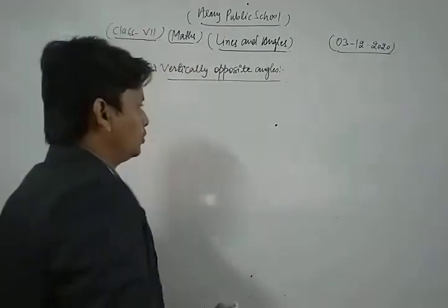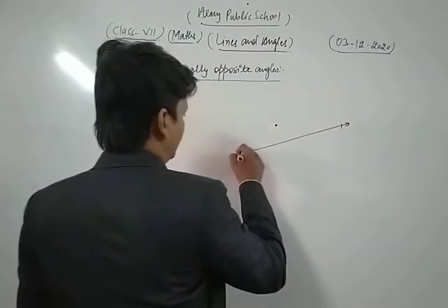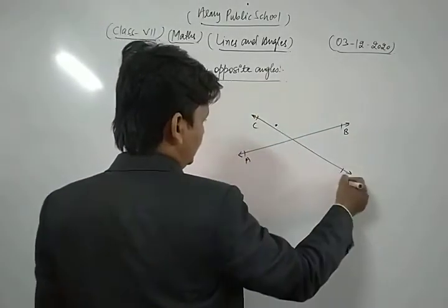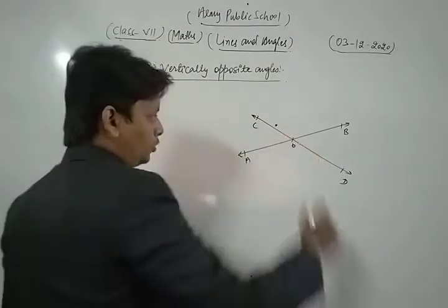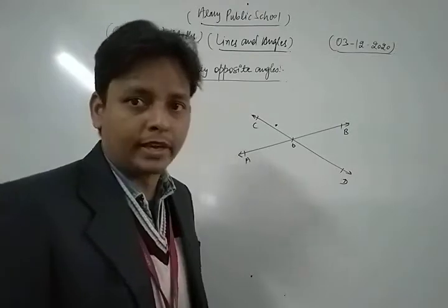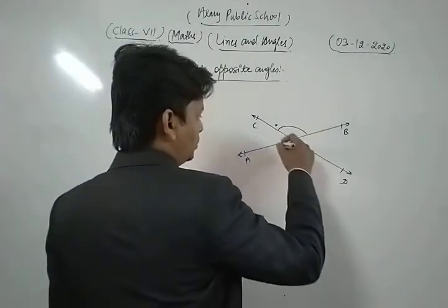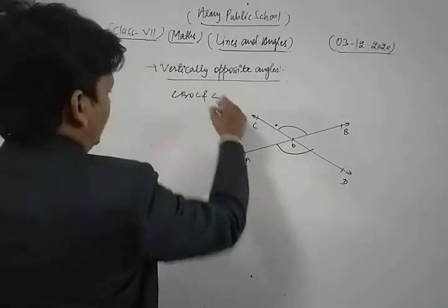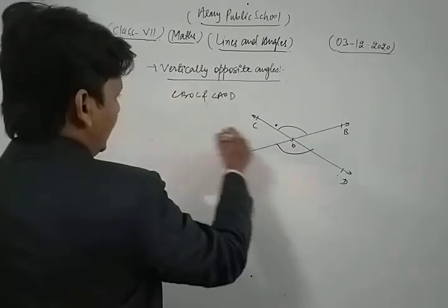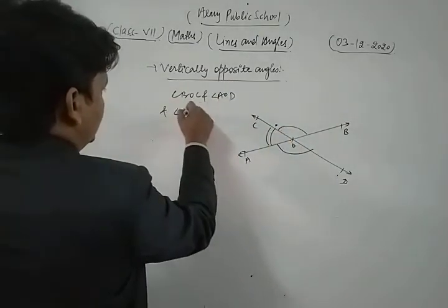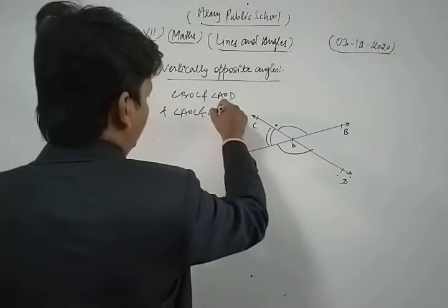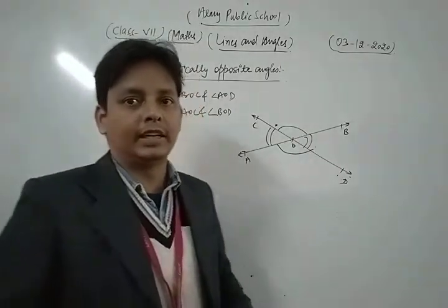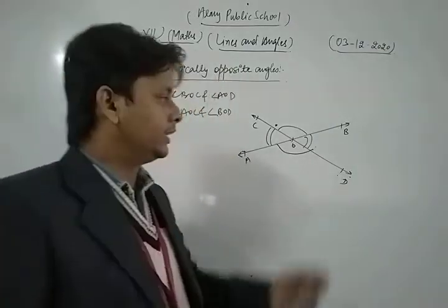Suppose that two lines AB and CD intersect each other at point O. Then the pair of angle BOC and angle AOD, and angle AOC and the pair angle BOD, those angles are the vertically opposite angles.